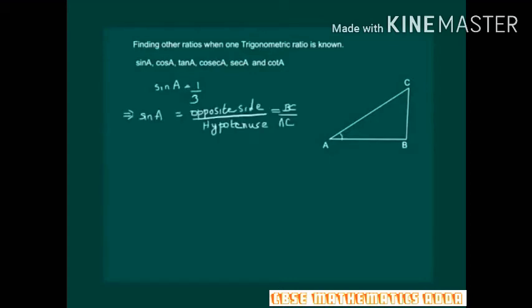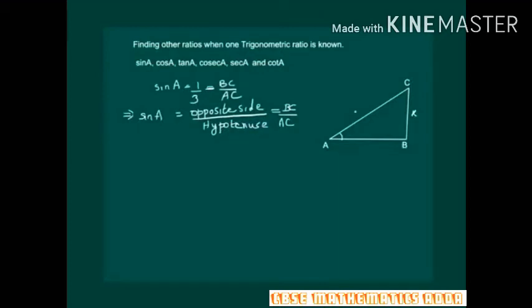So sin A equal to BC divided by AC, that is opposite side divided by hypotenuse, or simply P by H. This is the given data, BC by AC equal to 1 by 3, and from this we will obtain the other ratios.